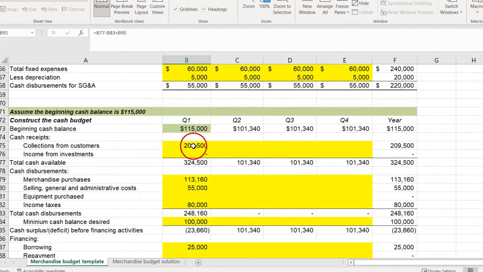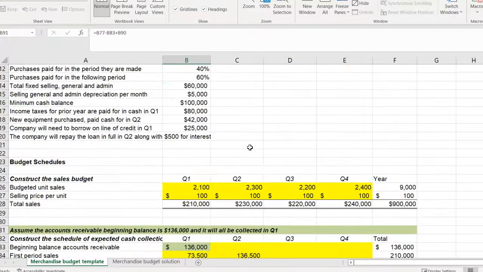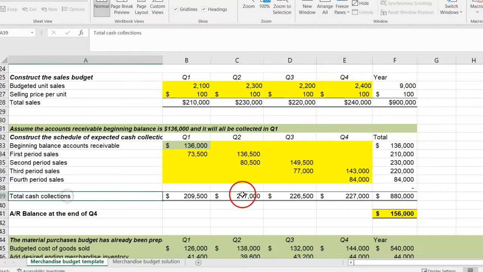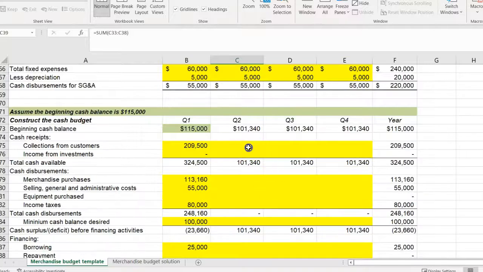So we've got our collection from customers in quarter two, and we already determined that was going to be our only income source, or our only cash source for the purposes of this exercise. So quarter two, our actual cash collections, 217,000. Don't have any cash coming in from any other sources.